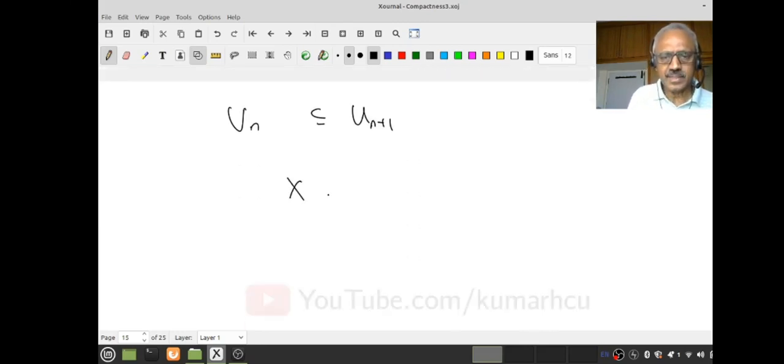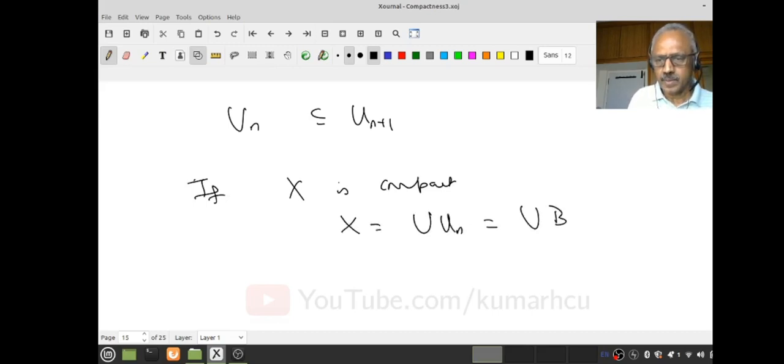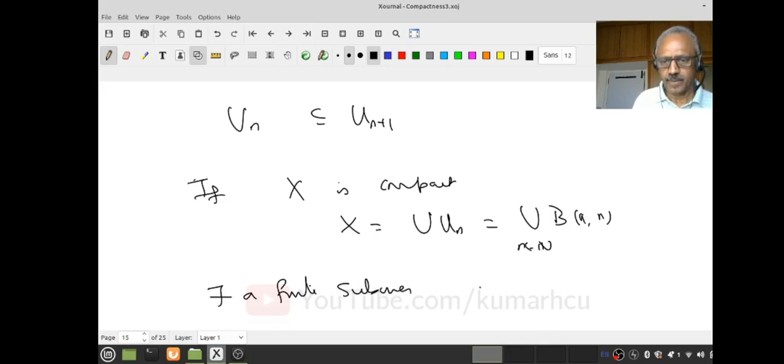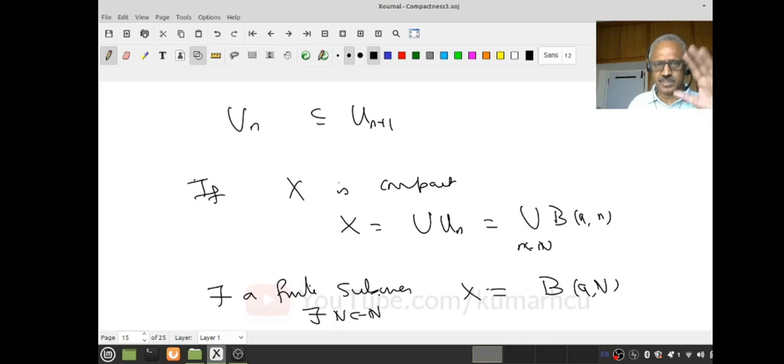Therefore, what do you find? If X is compact, then since X is equal to the union of U_n, that is the union of B(a,n) as n varies over N, there is a finite subcover, and hence X is equal to B(a,N) for some natural number N. This we had seen, right?